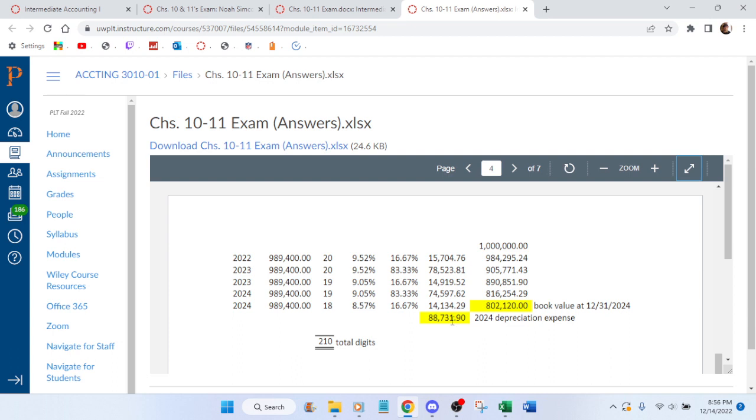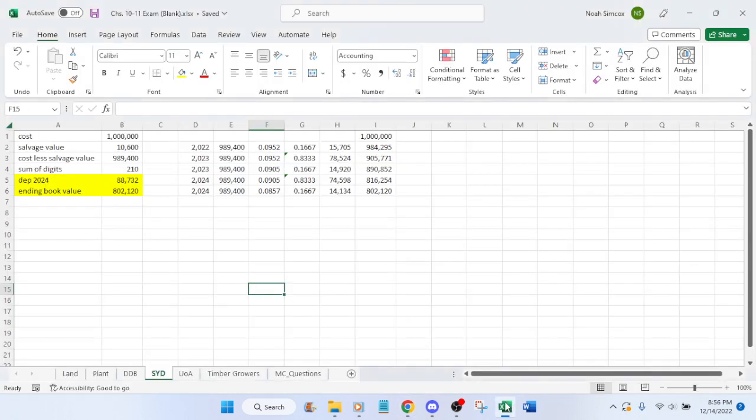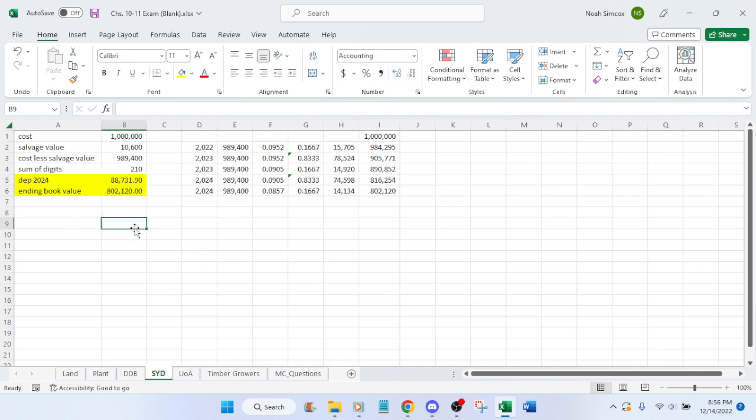Close. He actually put an exact value. And I guess we should keep these at that. Well, that's great. Ending book value is 802,120.